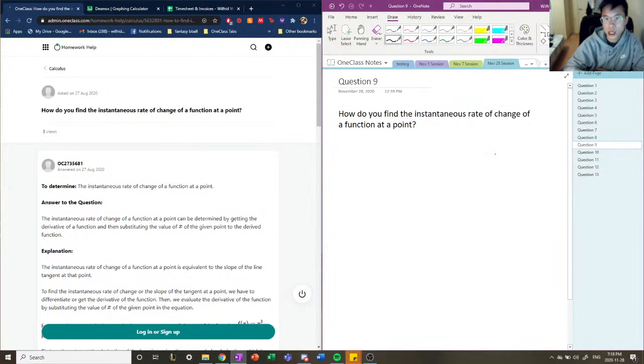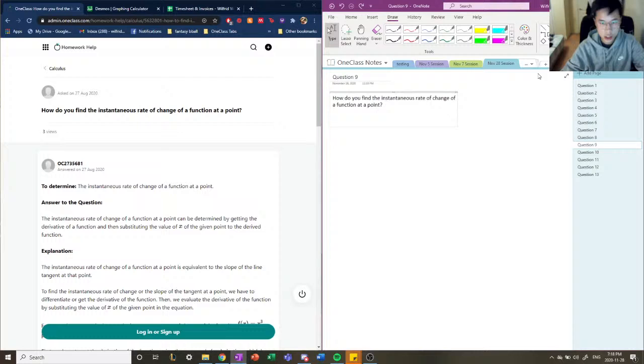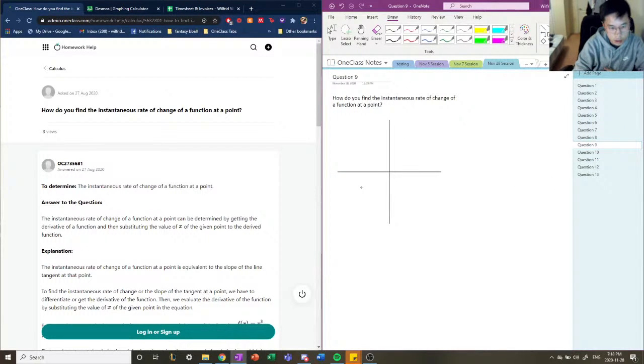Okay, so let's say that we have a graph here. Let me just zoom out first. Okay, so let's say that we have a graph here, okay? And let's say our function looks like, let's make it a squiggly guy, okay? Let's make it like this, okay? So this is our function, f of x.